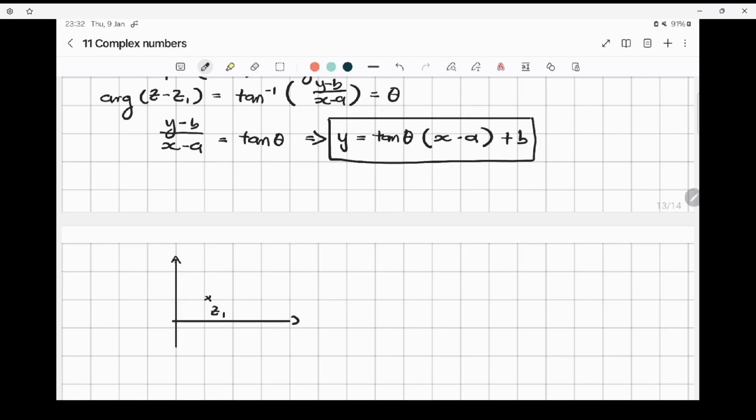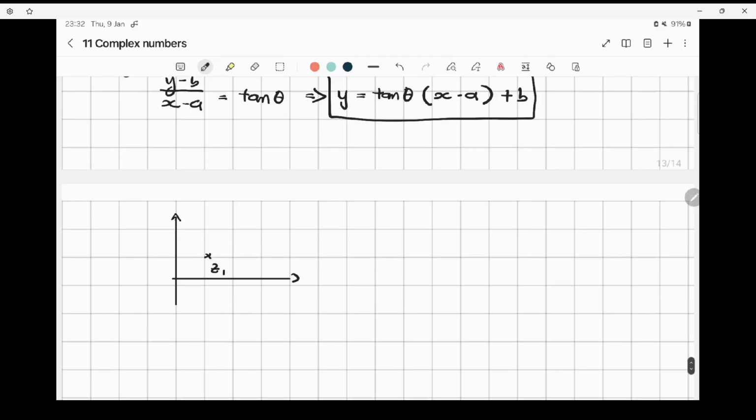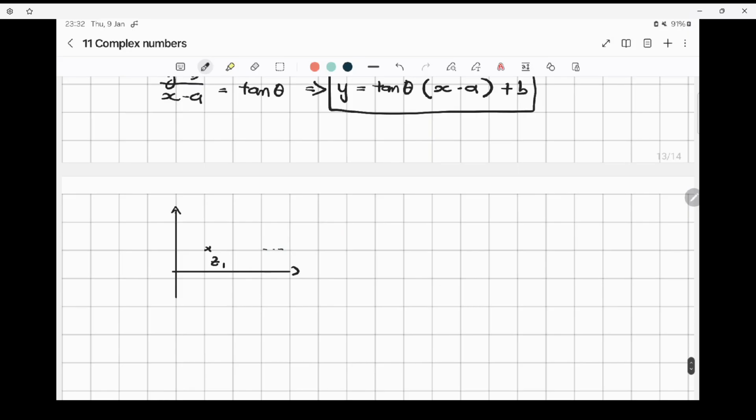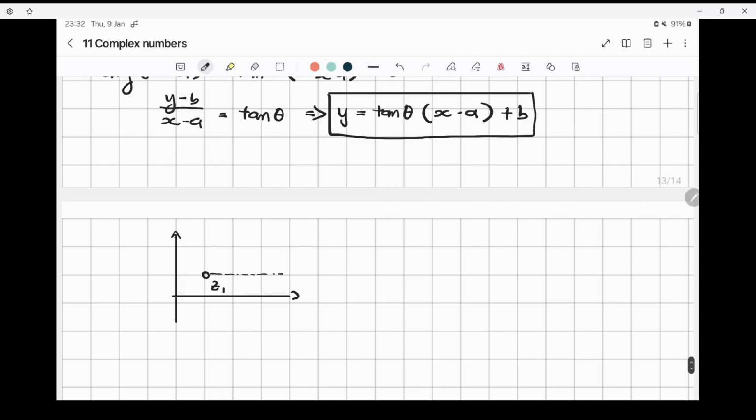So if you encounter this kind of equation, what you will need to do is to draw a dotted line. And then please remember that usually you don't include the endpoints, because if let's say Z equals (x, y), and Z1 is (a, b), then basically you don't have any complex numbers for you to plot the lines.